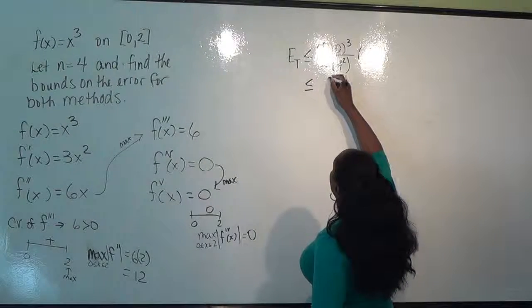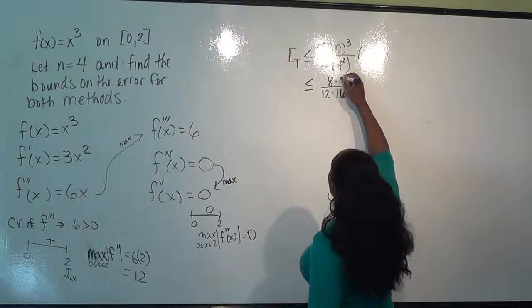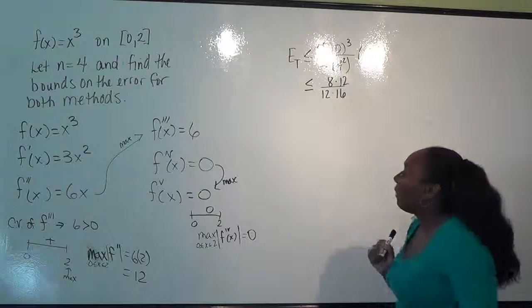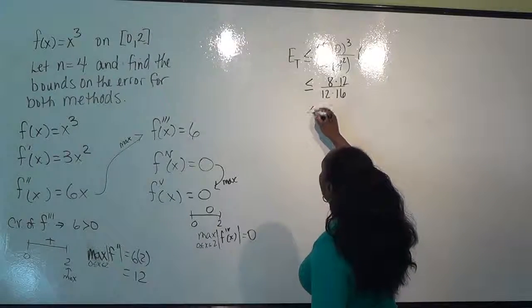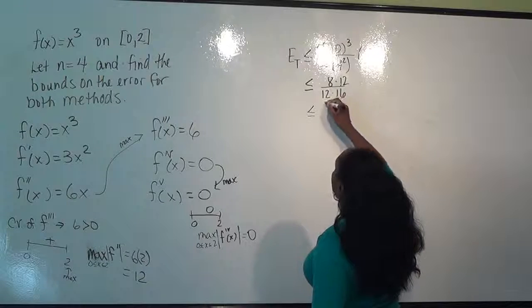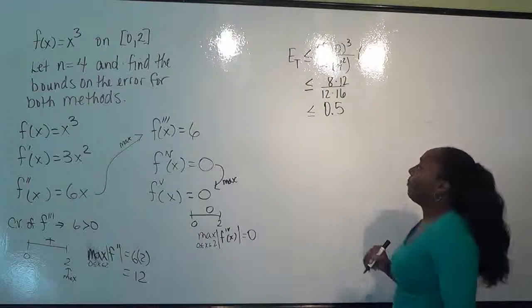Simplifying looks like 8 over 12 times 16, with the max on top multiplied by 12. Notice I didn't multiply that out because I'm going to cancel some things. The 12s cancel, so I'm looking at 8 over 16, or a half, which I'm going to write as 0.5.